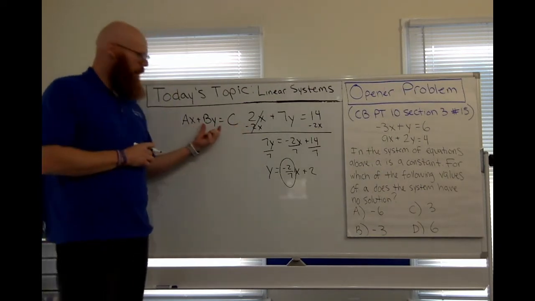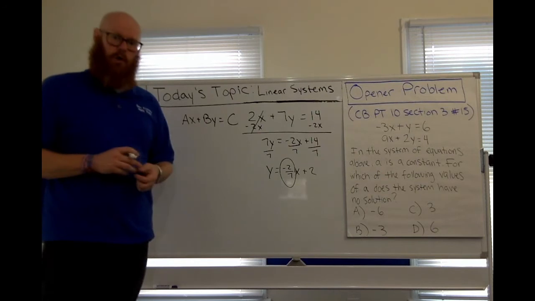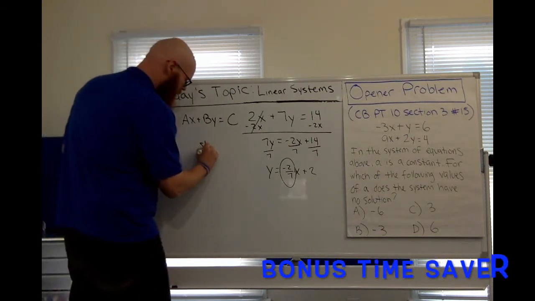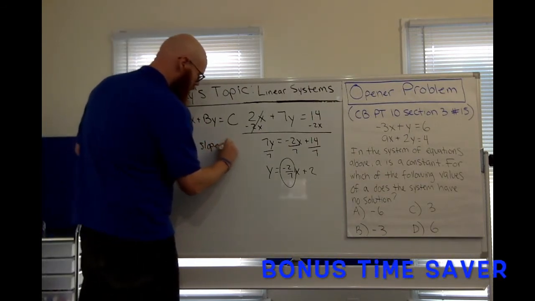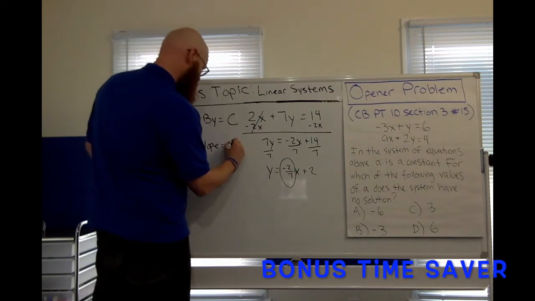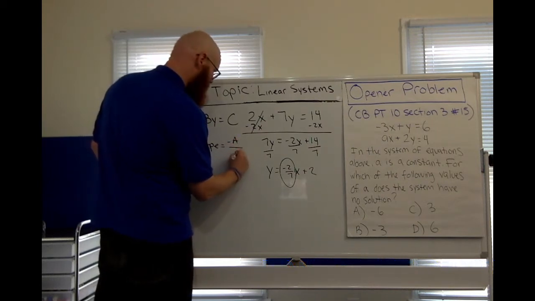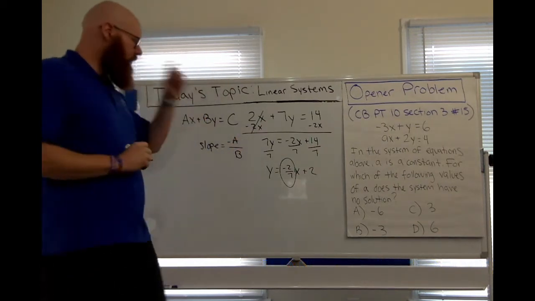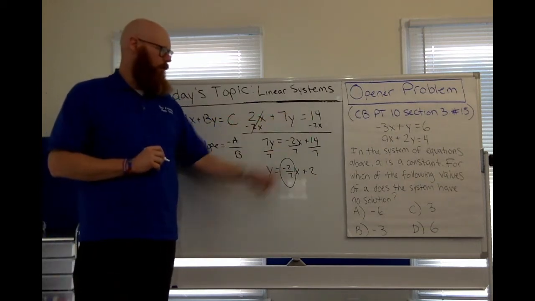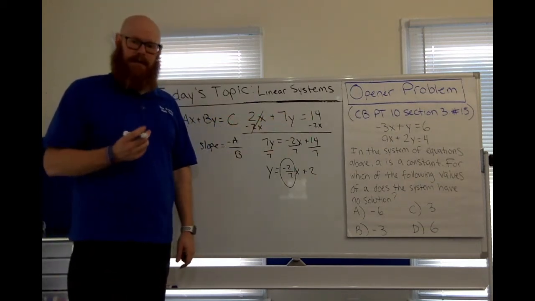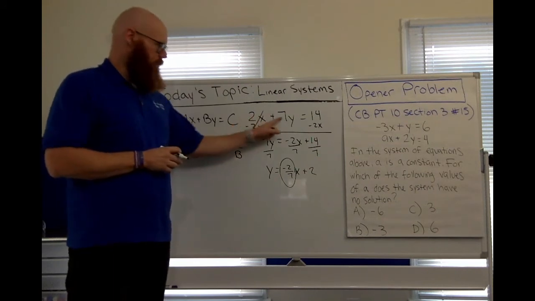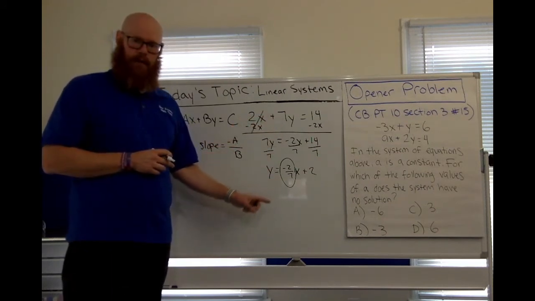And then we divide by the b. So our slope is always going to be negative a over b. So if I gave you 2x plus 7y equals 14, you should be able to say right away that the slope is negative 2/7 without rearranging.